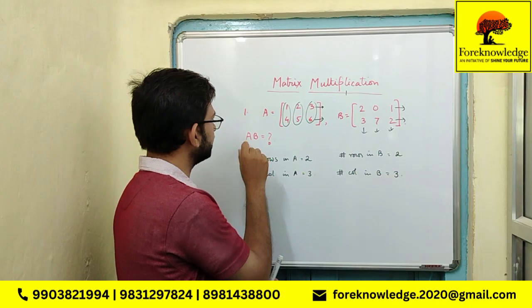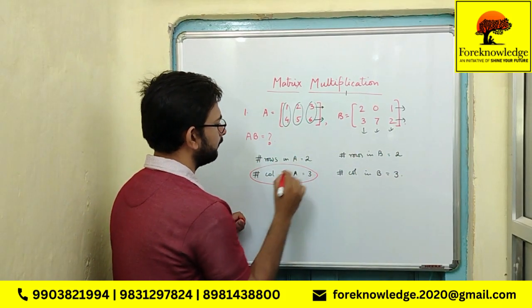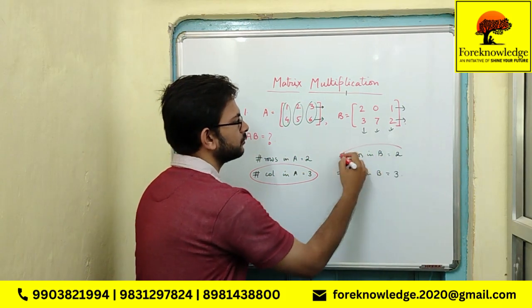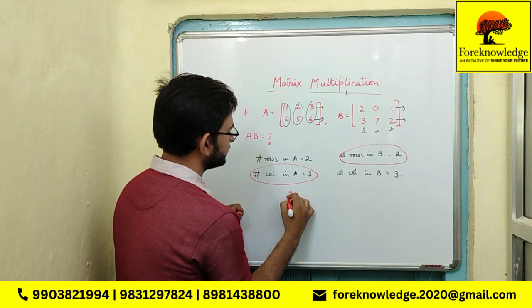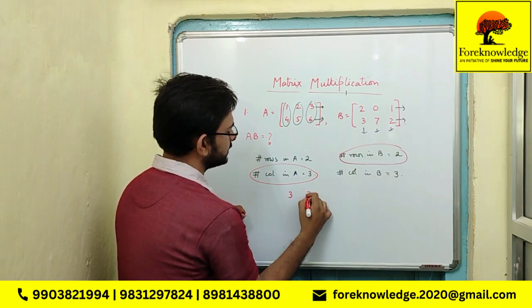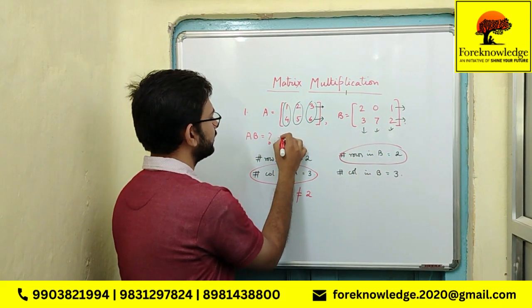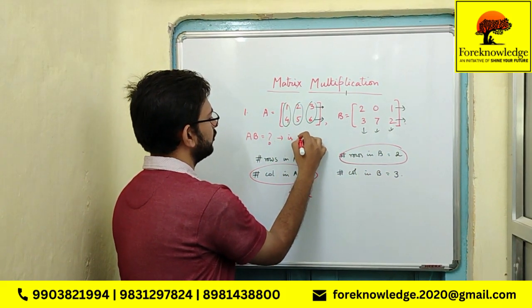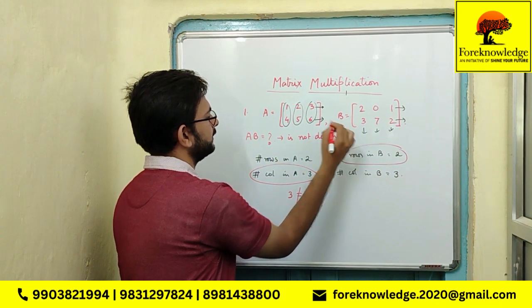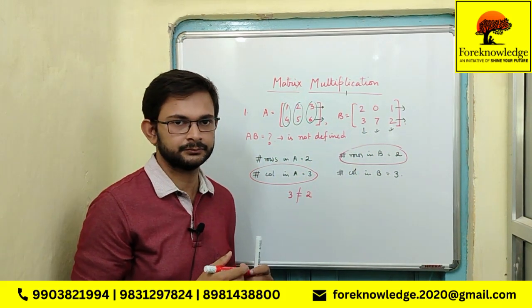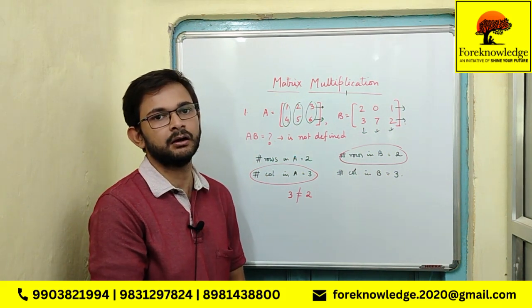In order to check whether AB is defined or not, we need to check whether the columns of the pre-multiplier equal the rows of the post-multiplier. Now the columns in the pre-multiplier is 3, the rows in the post-multiplier is 2, clearly 3 is not equal to 2, so AB is not defined. We cannot perform the multiplication. Got it? That's how we check whether a multiplication can be done or not.